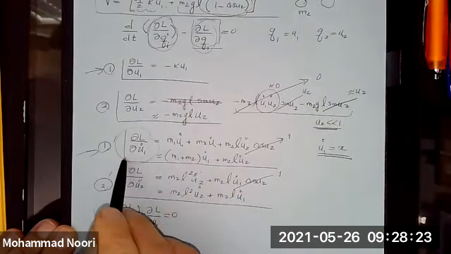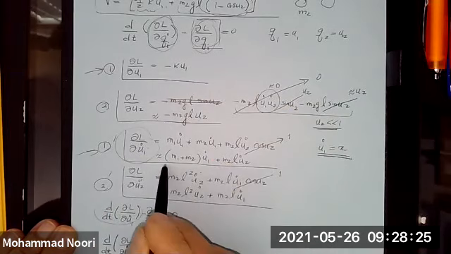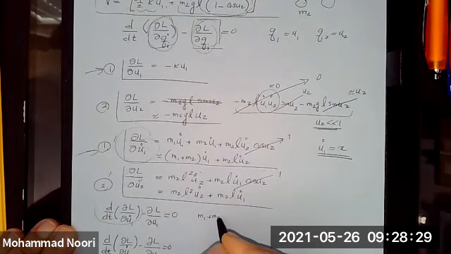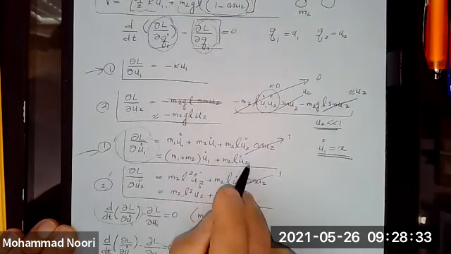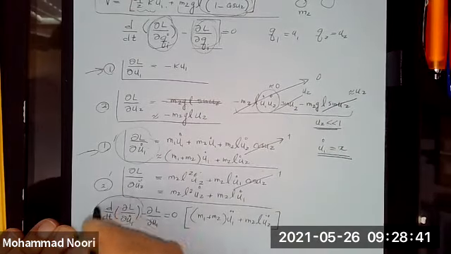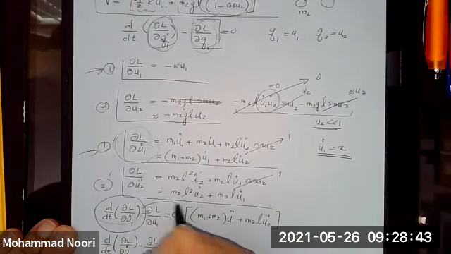Take the time derivative of this, it simply becomes M1 plus M2 U1 double dot plus M2 L U2 double dot. So that is this, okay?